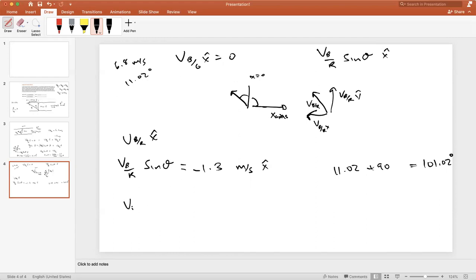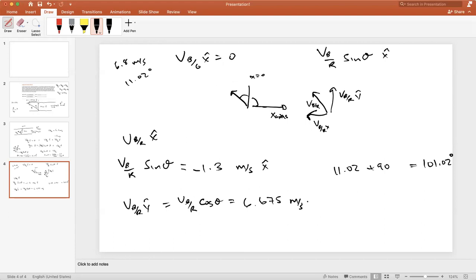In the y, VB over R of y, right, we're going to have VB over R cos theta, which is 6.8 cosine of 11.02, which is 6.675 meters per second.